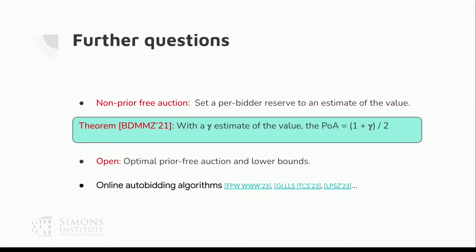And then you could achieve a factor of this form, 1 plus gamma divided by 2. So if gamma is 0, that means your estimate is very bad, then you're back to a half. If gamma is 1, that means you got very accurate estimates, then you got the optimal allocation.